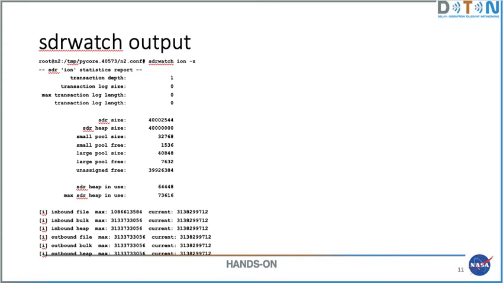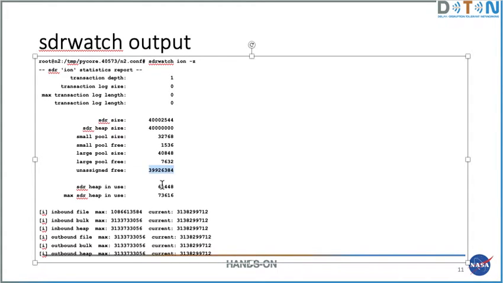We can also look at the statistics report with -Z. These are things for the transaction depth and the log sizes. This has to do with how much stuff is sitting in the journal of a transaction. And then again, we've got the SDR size and the large and small, and the same sort of memory information from before.